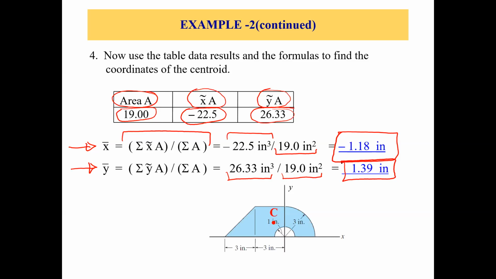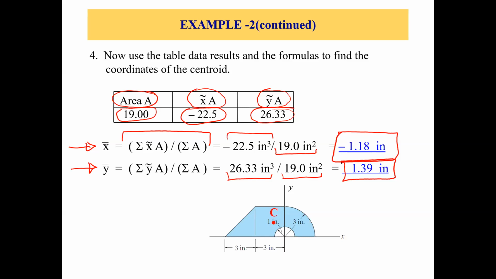So that's how we are done with this problem. We wanted to find the centroid of the whole shape, so we followed these steps, and finally we came to this point where we have the values of x bar and y bar of the whole shape.